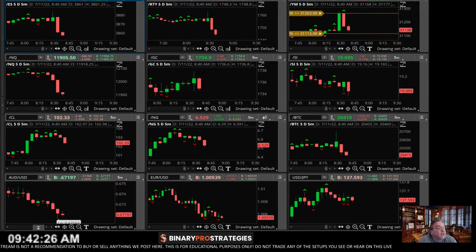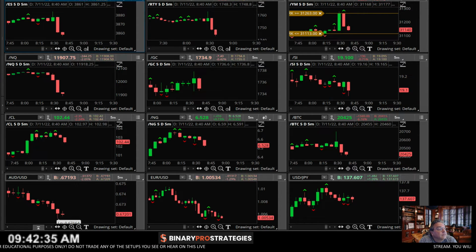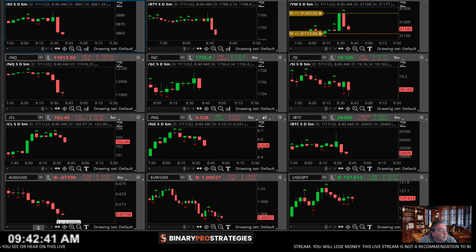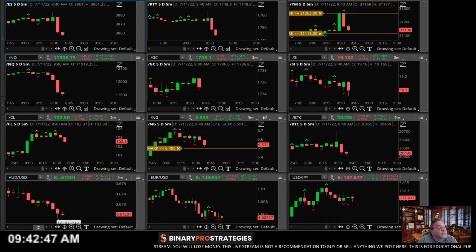This is going to be just a regular pairing pattern short. Target 64.95. We need a reverse on the gas. If we don't hit target, 66.45.